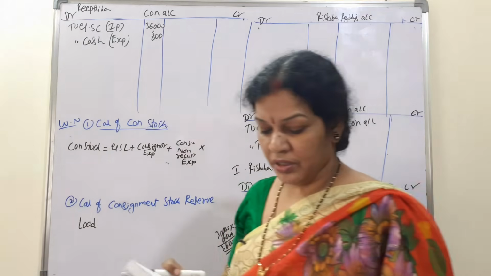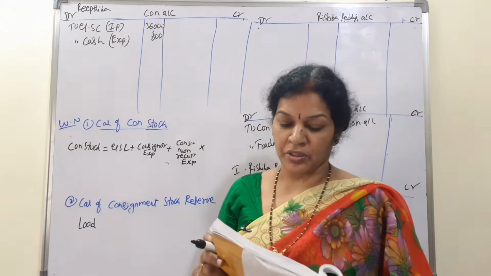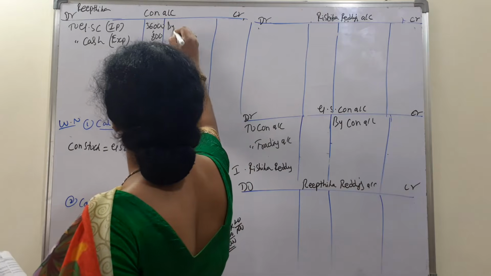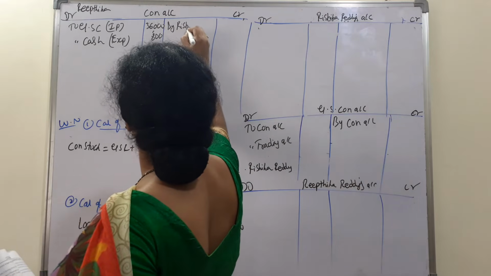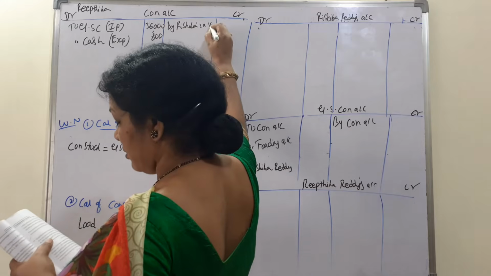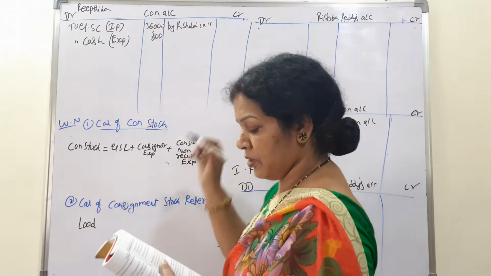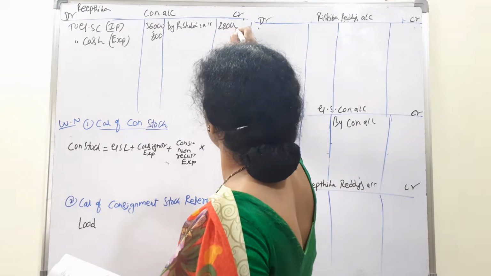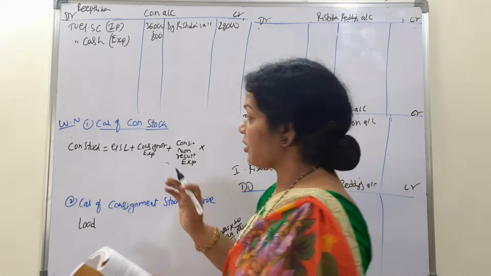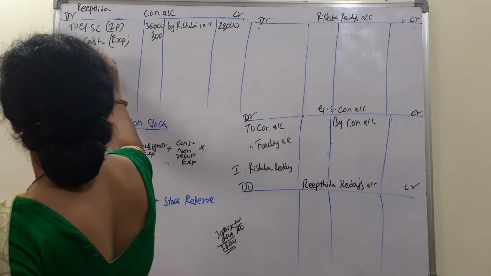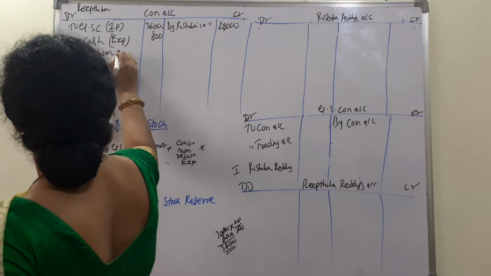Next, Rishika Reddy sent an account sales showing 3/4 of the goods are sold. Rishika sold the goods, so by Rishika's account, sold goods for 28,000. And Rishika's sales expenses, to Rishika's account, expenses.